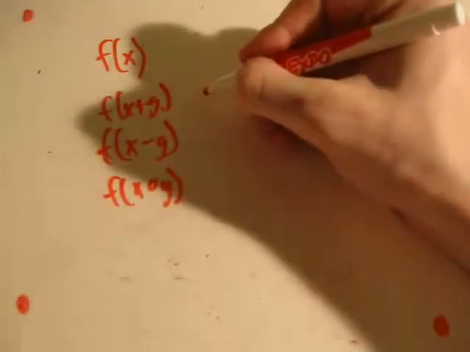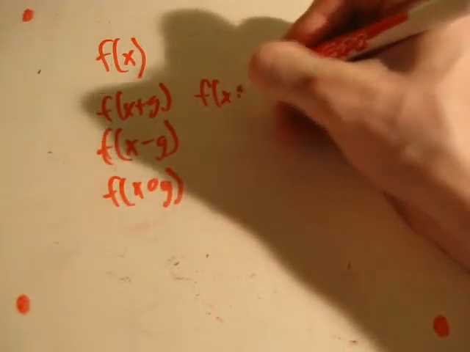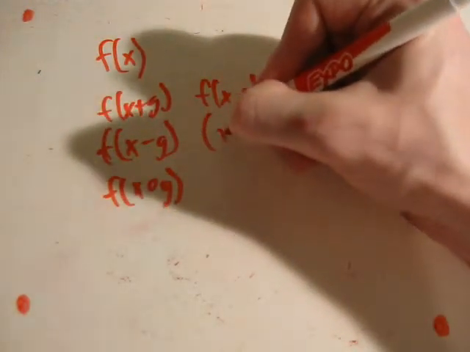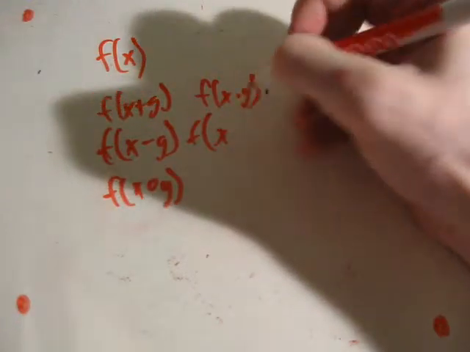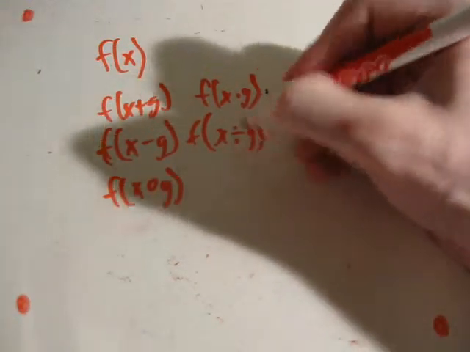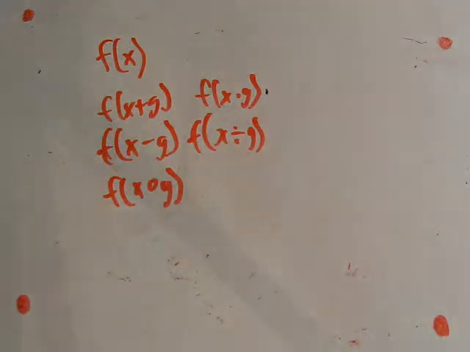And then you've got your f of x times g and f of x divided by g. A product and a quotient.